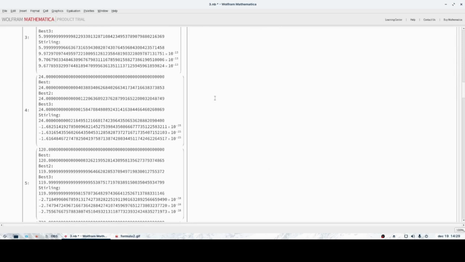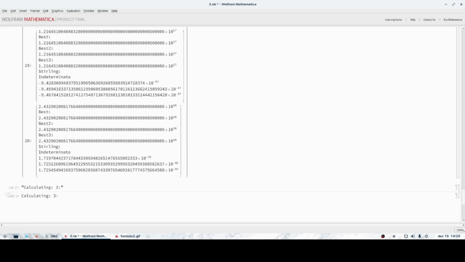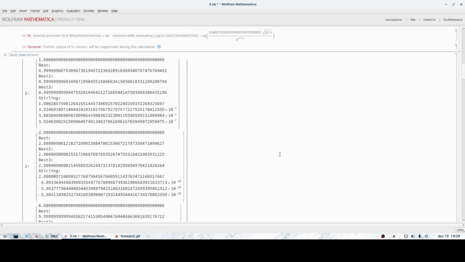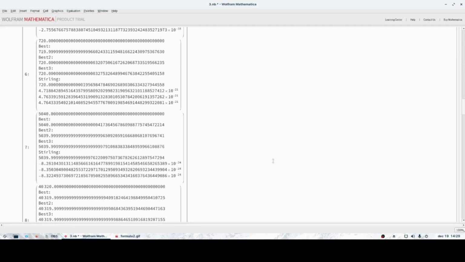We can check, for example, 4 factorial. The formula is from here, and the best 2, including the remainder term, is even better by 1 decimal place. And this is the pi formula. It's nearly the same. We can check some later.